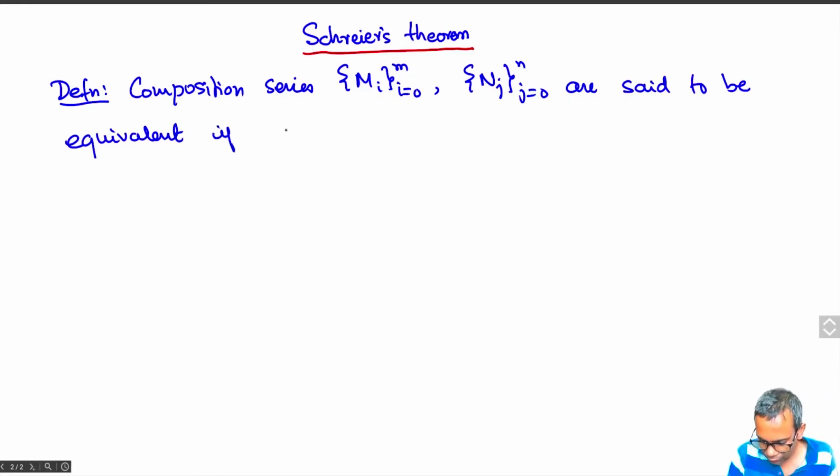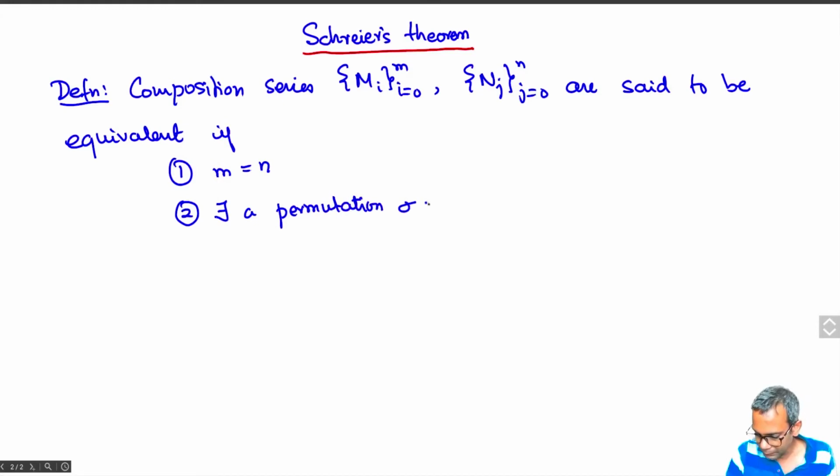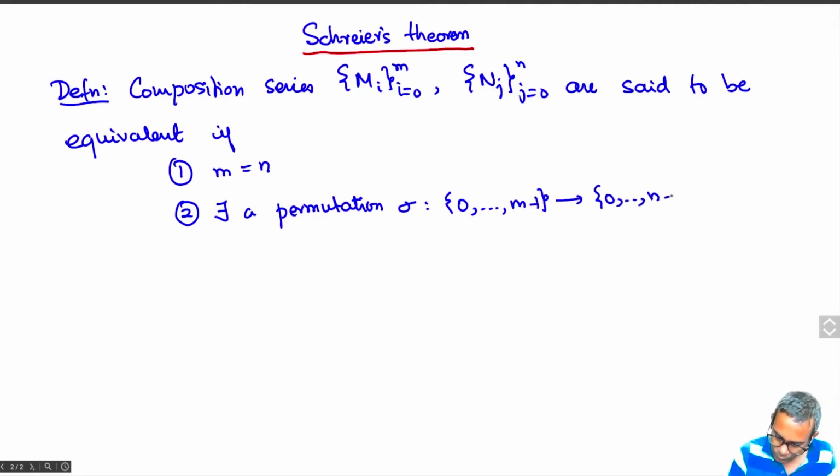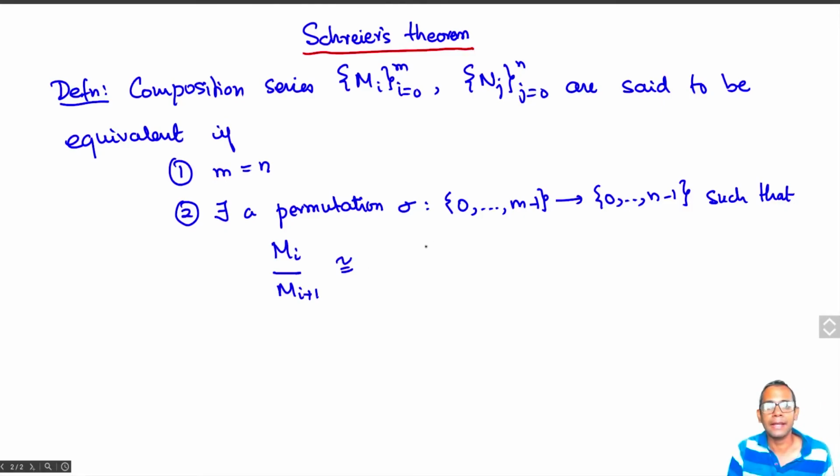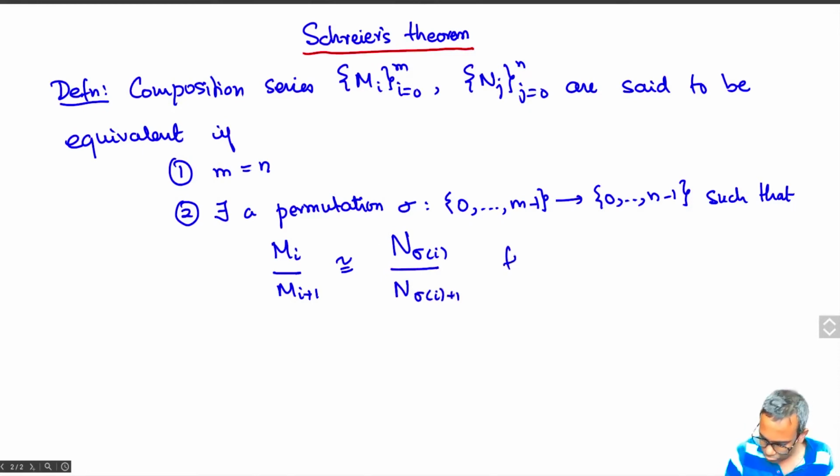More precisely, if firstly m is equal to n, and secondly there exists a permutation, let's call it sigma, from the set 0 to m minus 1 to the set 0 to n minus 1, such that the quotient corresponding to i, M_i mod M_{i+1}, is isomorphic to the quotient corresponding to sigma(i) in the second composition series, N_{sigma(i)} mod N_{sigma(i)+1}, for each i in the range 0 to m minus 1.